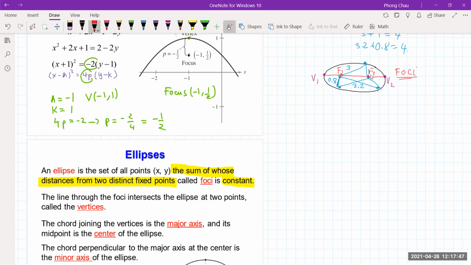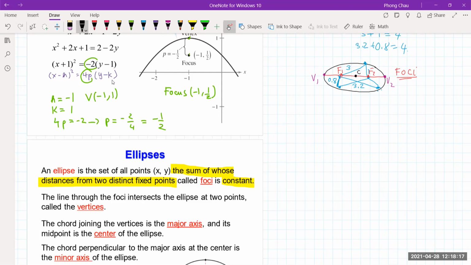So if you look at the midpoint of this chord, the major axis, we have this point right there. That is the center. The chord perpendicular to the major axis at the center is called the minor axis of the ellipse.